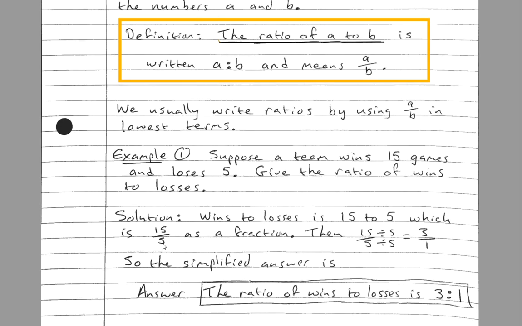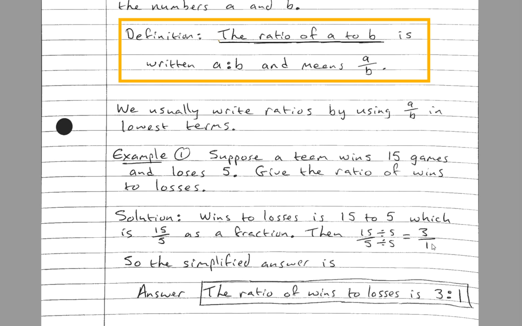So we have 15 over 5 in this example, and we can simplify that fraction. There's certainly a common factor of 5. So 15 divided by 5 is 3. 5 divided by 5 is 1. We want to keep it as a fraction.